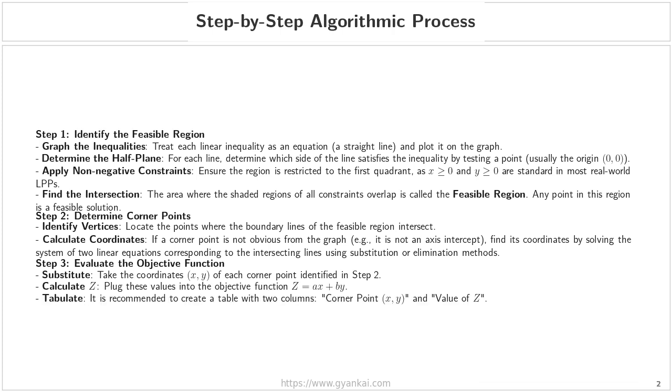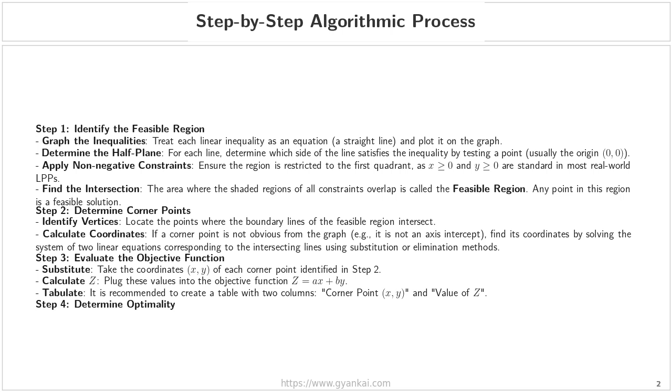To keep your work organized and avoid the common mistakes we'll discuss later, I highly recommend you tabulate your results. Create a simple table with one column for the corner point (x, y), and another column for the resulting value of z.